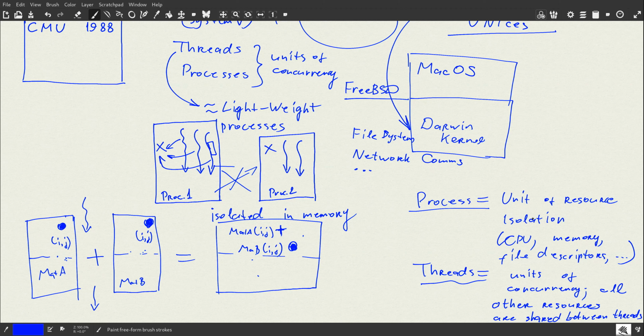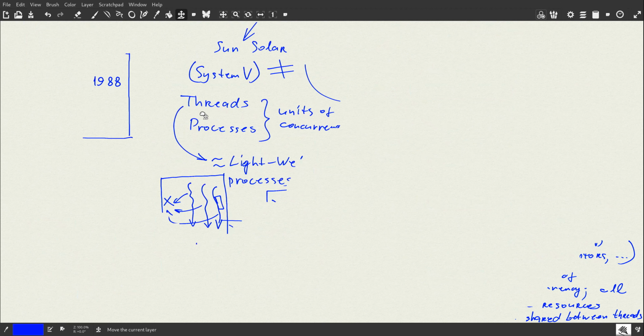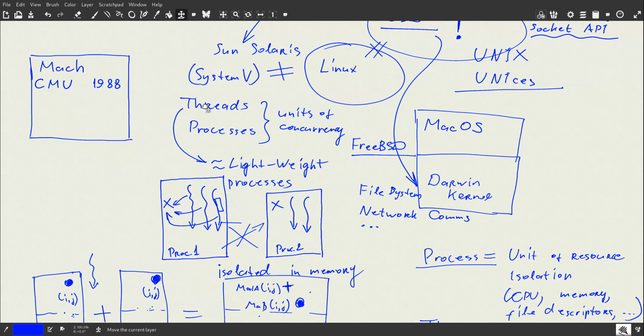And threads were not first introduced in Unix systems. Threads first appeared, well, you can now guess where. Looking at this picture, where do you think we had threads for the first time?